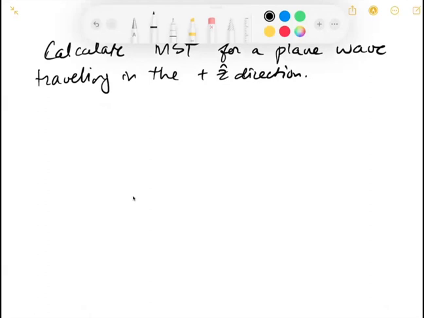Okay, so we know that for such a wave, we can just write this as some kind of an E naught x hat cosine omega t minus k z.